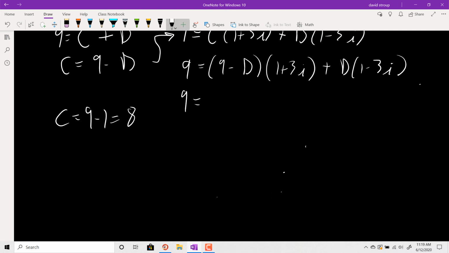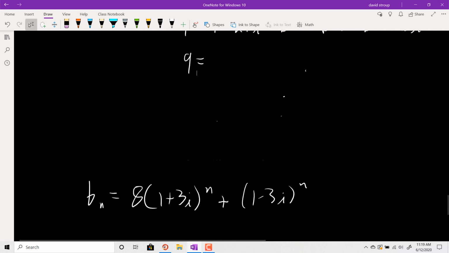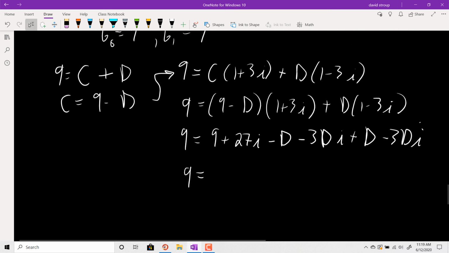Okay, so again, FOIL. So I got 9 plus 27i minus d minus 3di plus d minus 3di. That'll be 9 equals, let me get rid of this junk too. I'm getting compulsive about getting rid of the junk.